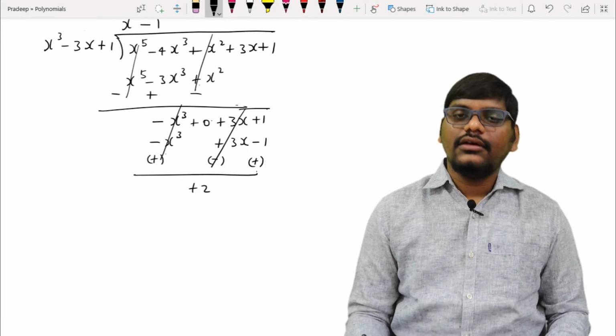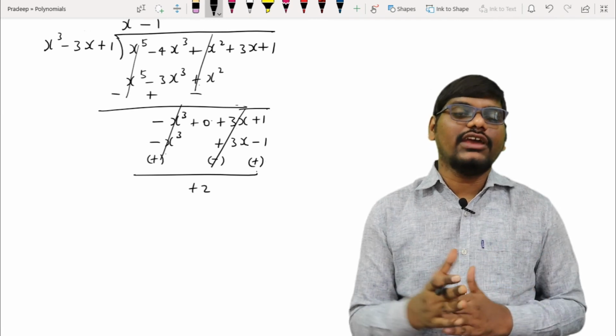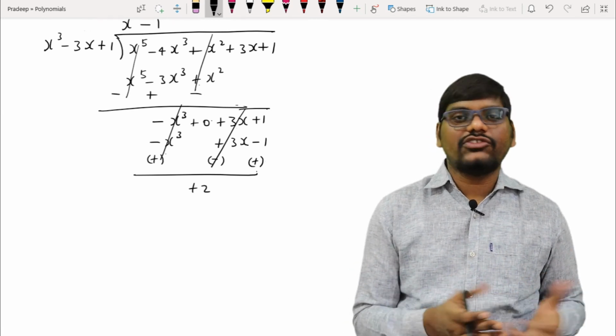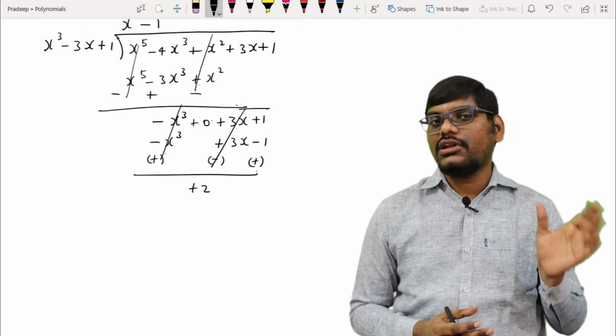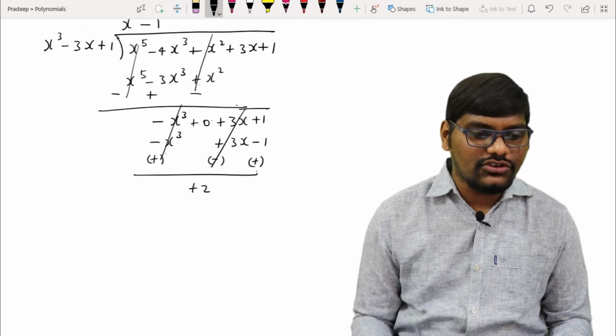2 is the remainder. If the remainder is 0, then only we can say one polynomial is a factor of the other polynomial. But here the remainder is not 0, so definitely we can say one polynomial is not a factor of the other polynomial. So we'll write the same conclusion.